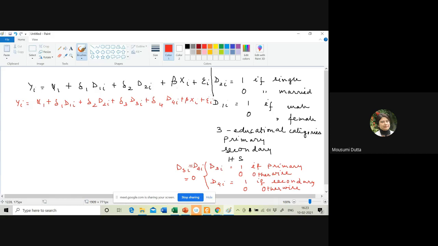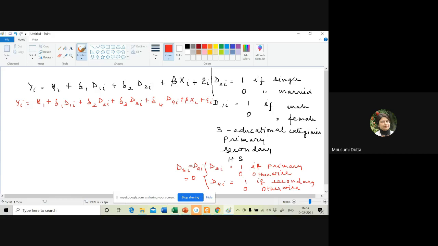We are getting the estimation of consumption for married female HS. And in a similar fashion, we will be able to consider different combinations and get all the different possible equations. So this is the style of intercept dummy.